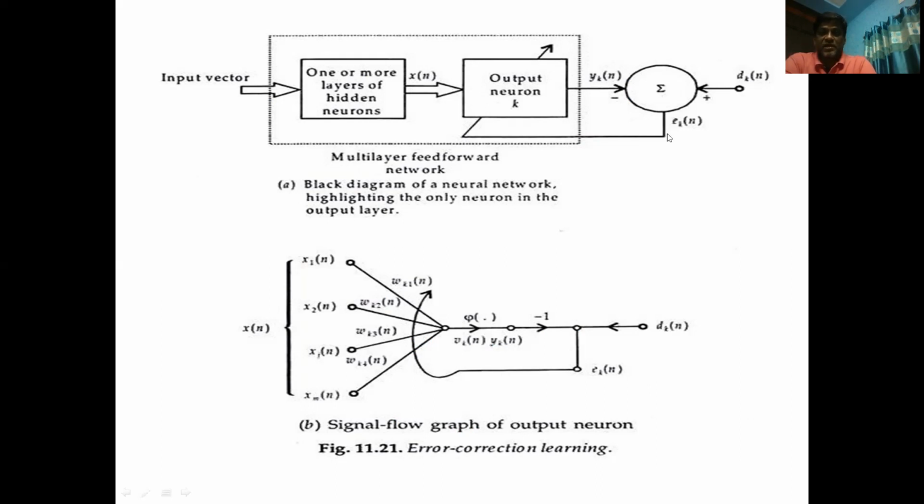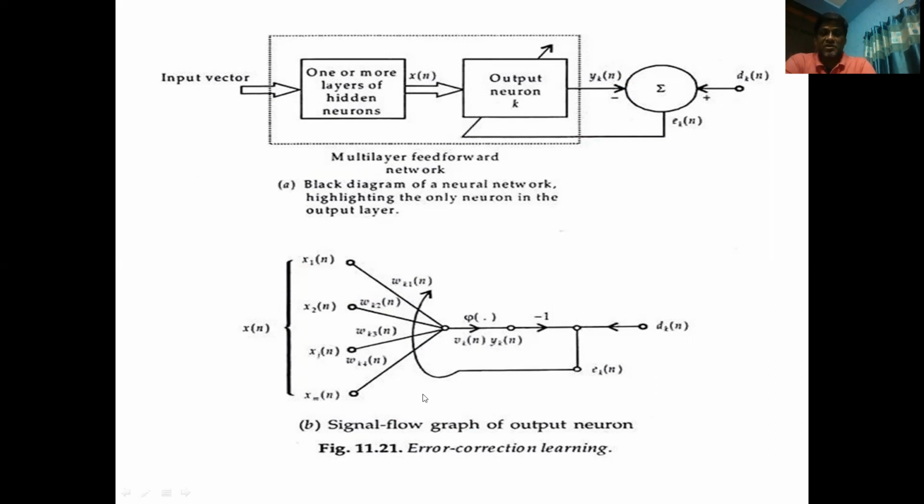And this feedback, the error term, is propagated back towards the neuron to update the synaptic weights based on this error term. Okay, that is what we discussed. The delta rule says to minimize J of n based on this error term propagated back.